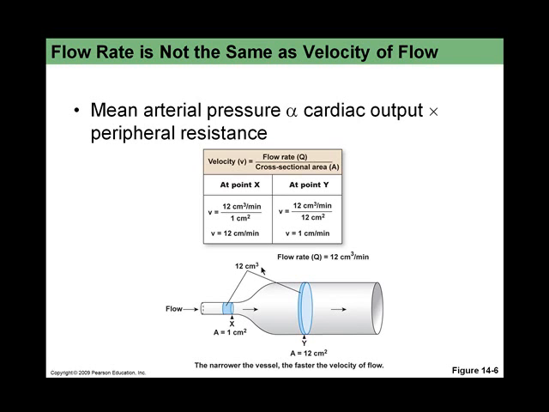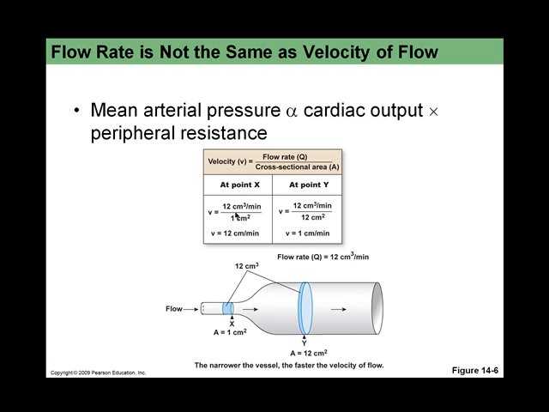So we'll end up converting this to mLs of blood, but for now, just think of it as water. Cubic centimeter is a typical volume that's used. The flow rate, Q, is the volume over time, right? 12 cubic centimeters per minute.